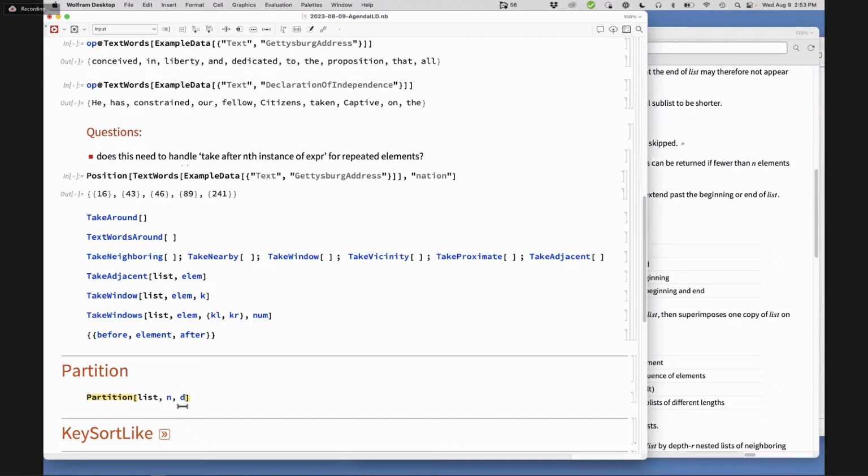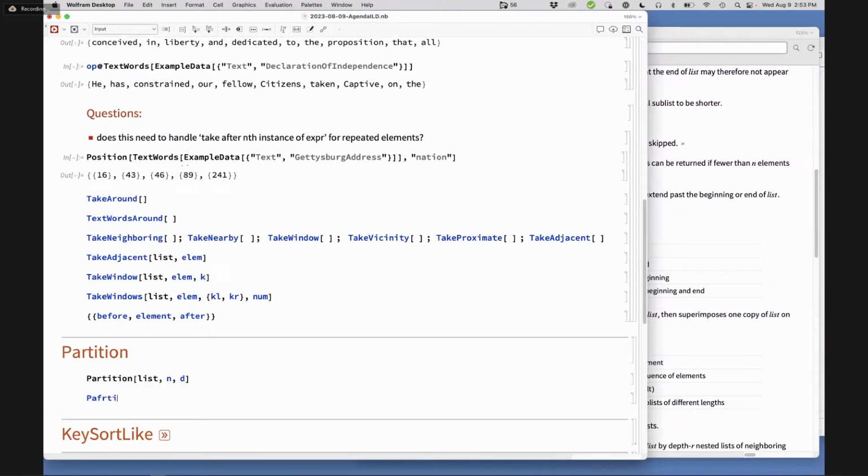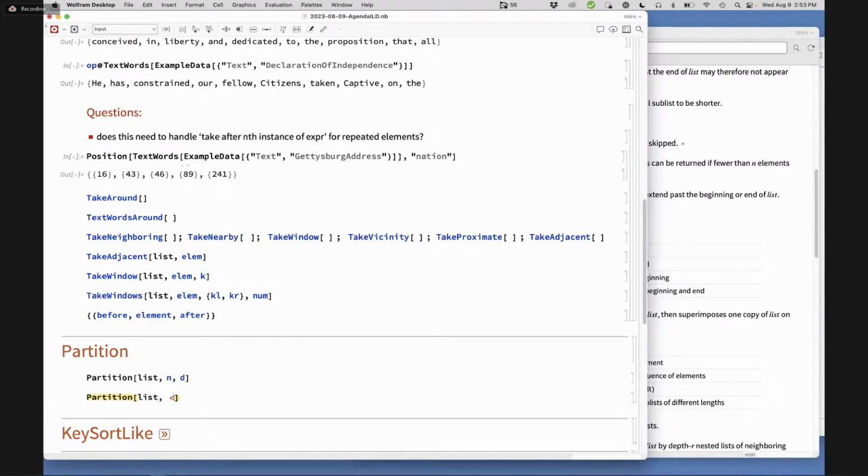If you say Partition and then you've got a list and then you start giving an association, then go for it. I don't see why we shouldn't allow an association at any stage in the sequence.